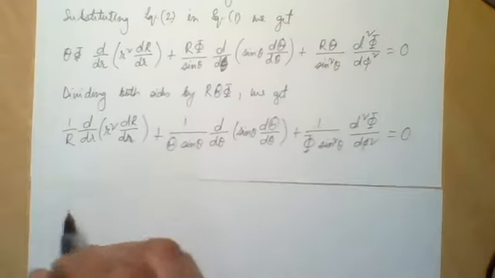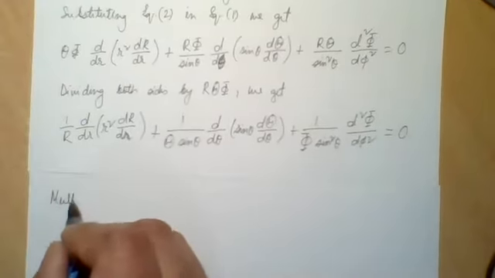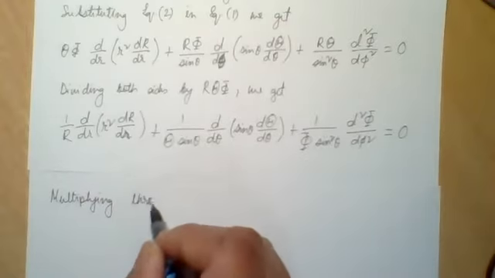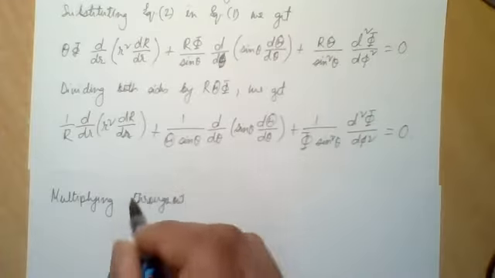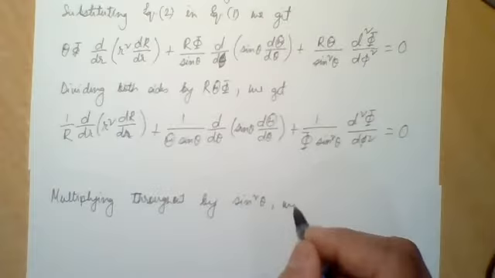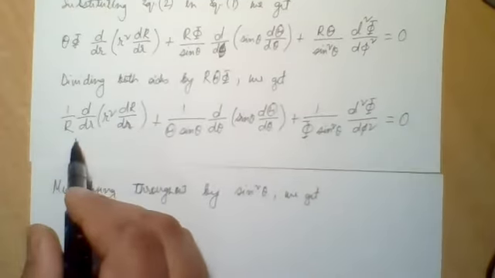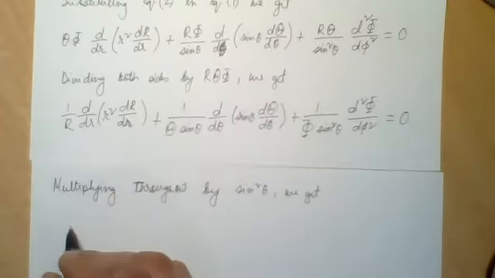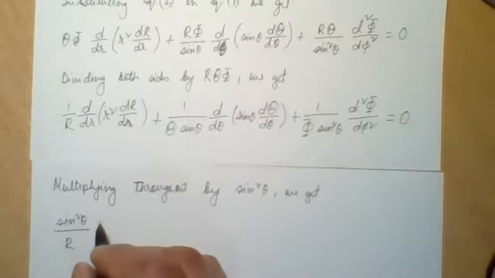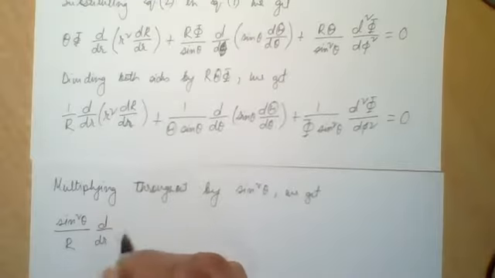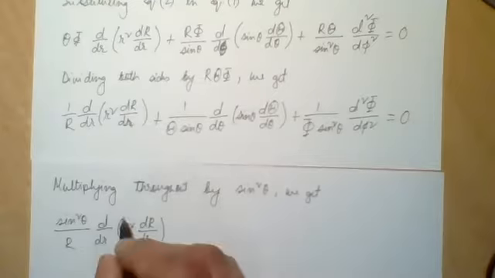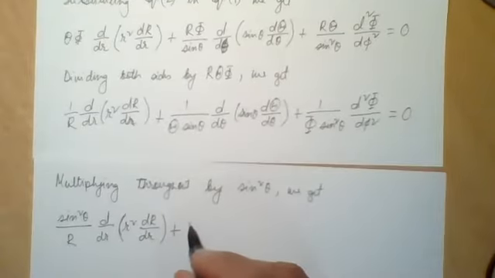So multiplying throughout by sine square theta, we get this term. We shall get sine square theta by R, d by dr, r square dR by dr, plus.